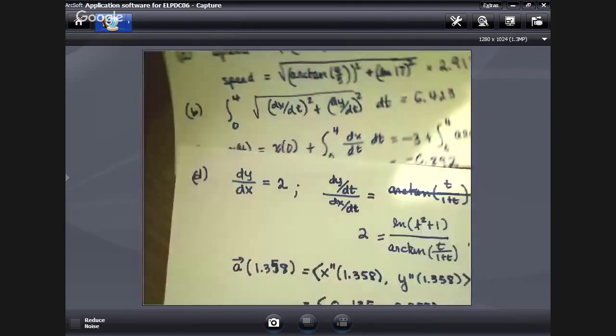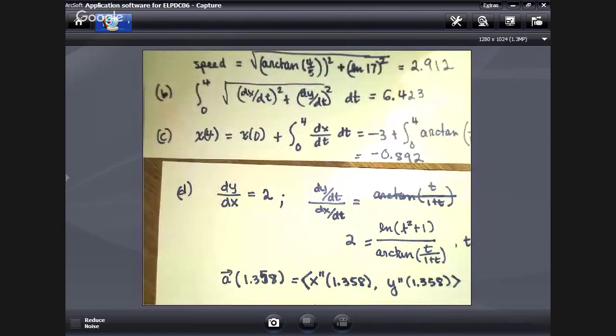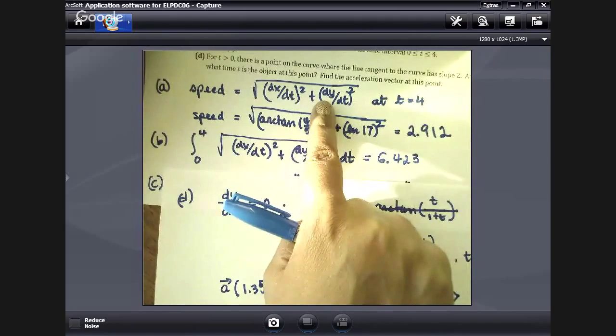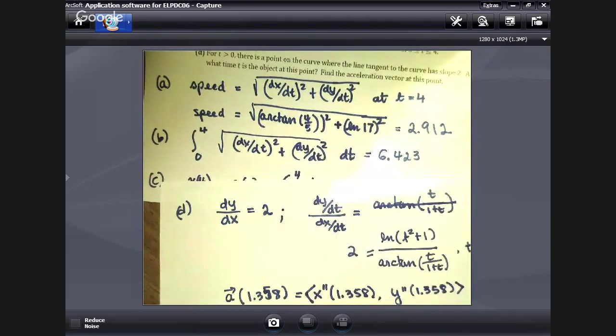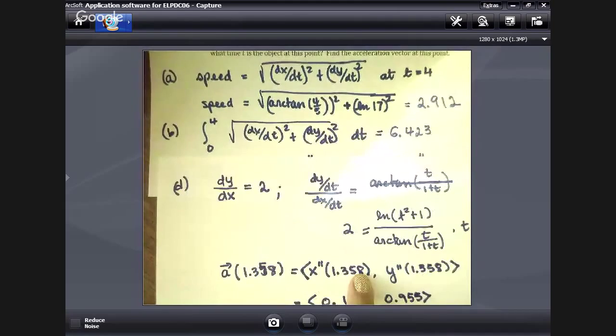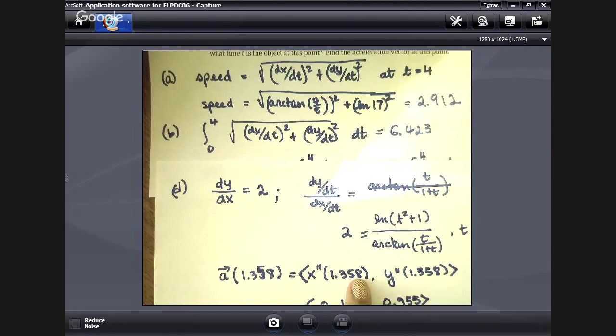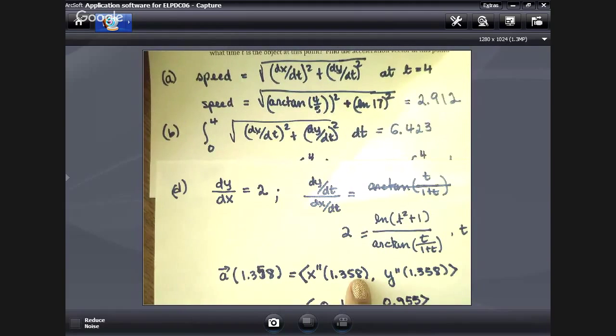So altogether, here we are doing speed in part A. We got a speed of 2.912. Here we are integrating speed to get distance. Notice that if we're doing motion along a line, we still integrate the absolute value of v, speed, to get distance traveled.